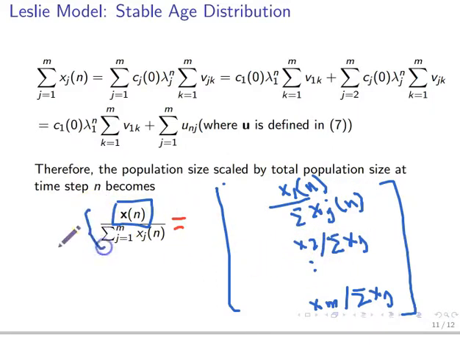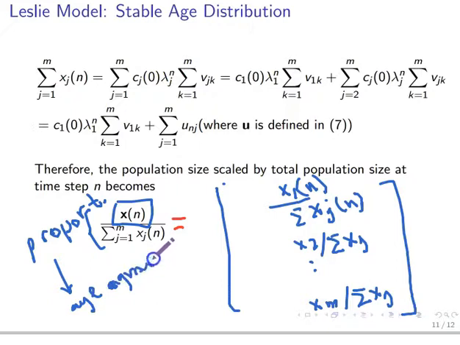So this here is a vector with the proportions per age group. So what's the proportion per age group?